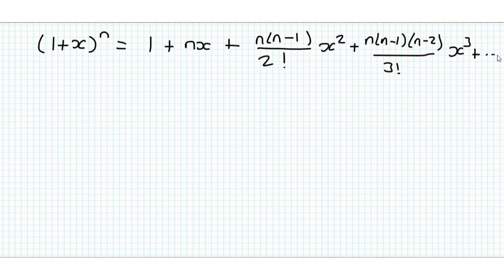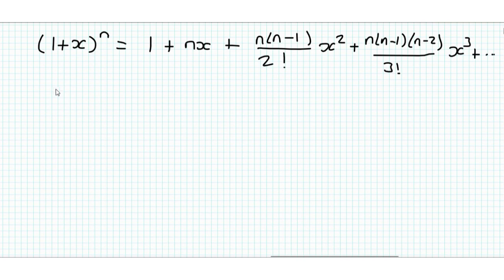Okay, so bear in mind this is only equal to when we have all the terms, the infinite sum, but if we just want to take maybe up to x cubed or x squared, then this is an approximation, and this is often when we use this binomial expansion idea for the rational n, because we can approximate things, and then we can work with that approximation rather than working with the more complicated expression.